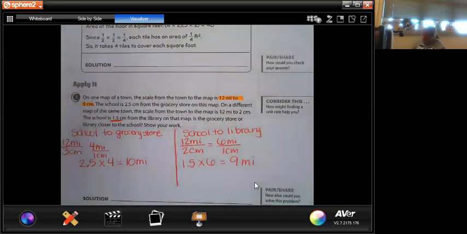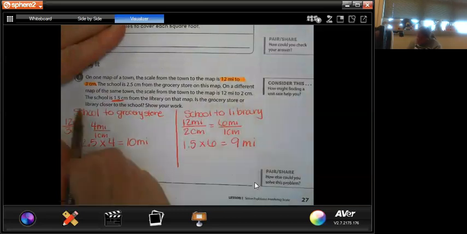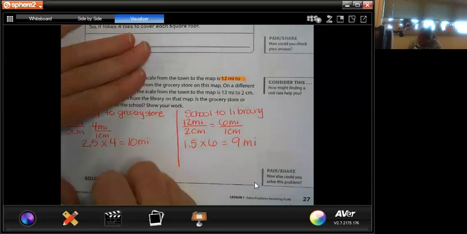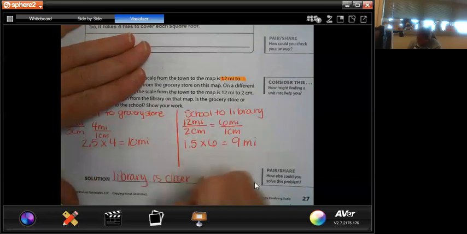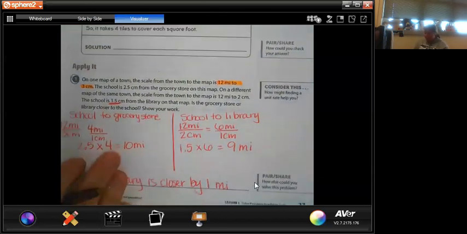Therefore, the question is: is the grocery store or the library closer to the school? The library is closer by 1 mile. Okay, so that is how you would solve problem number 1.